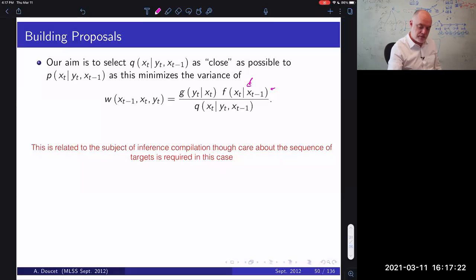This is the joint, which is proportional to the posterior, which means that the weight is uniform if this Q is equal to P of xt given yt. I did not do the xt minus 1 before. I apologize. I forgot about the xt minus 1, but whatever. Same deal. Make sense?